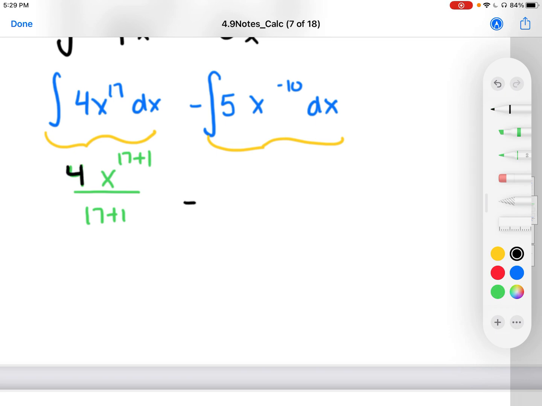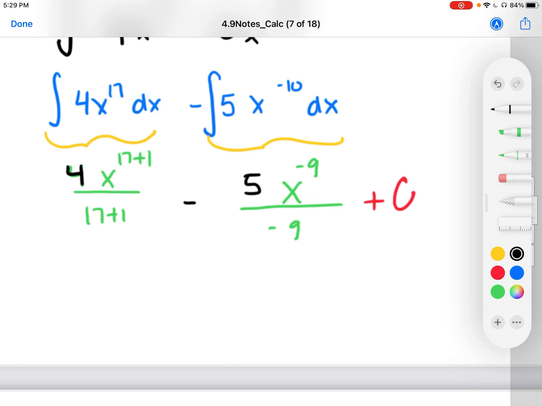On the other one, we're going to add 1. So I have negative 10 plus 1, which is negative 9. And don't forget about that 5. And something I forgot the last one: don't forget about your arbitrary constant.